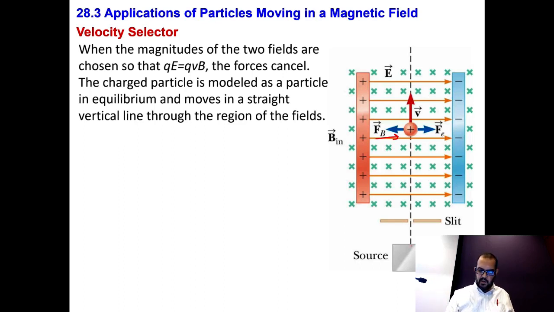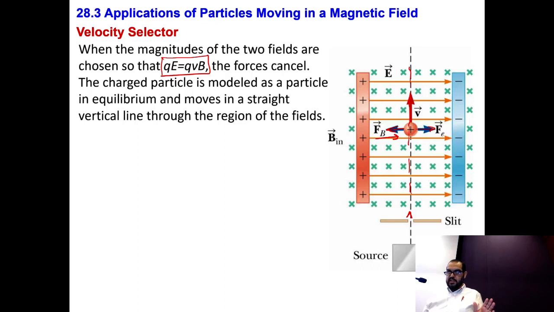Let's assume we have an electron gun or a charged particle, moving in this direction. It will be subjected to an electric force and a magnetic force in opposite directions, and if you satisfy this condition, then the particle will just follow a straight path. This is called the velocity selector.